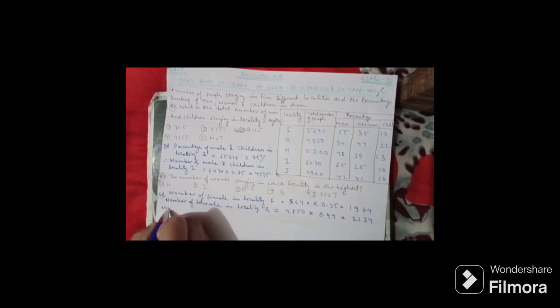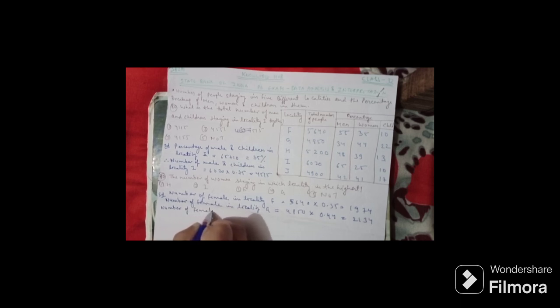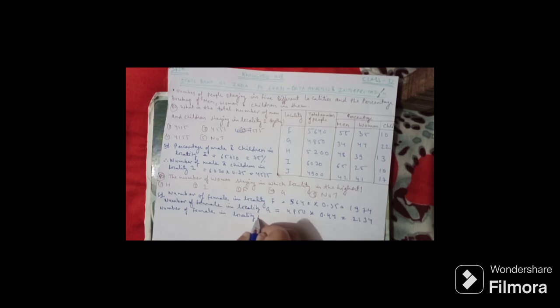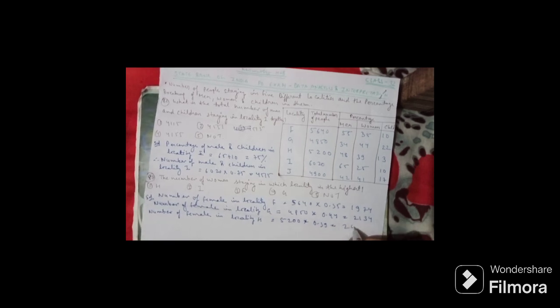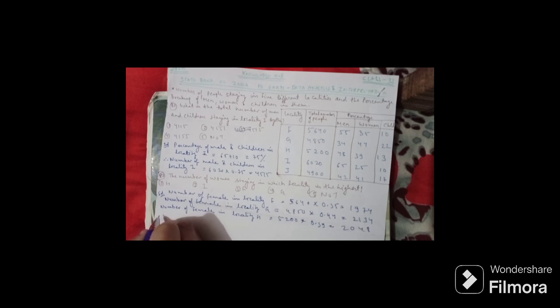Now number of female in locality H, which equals 5200 into 0.39, equals 2048.